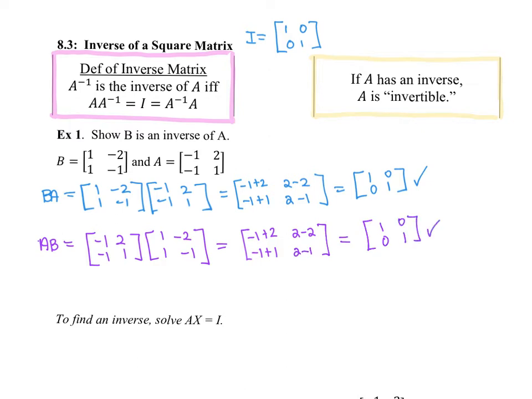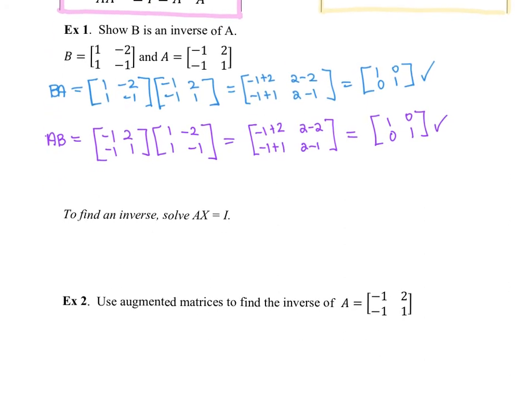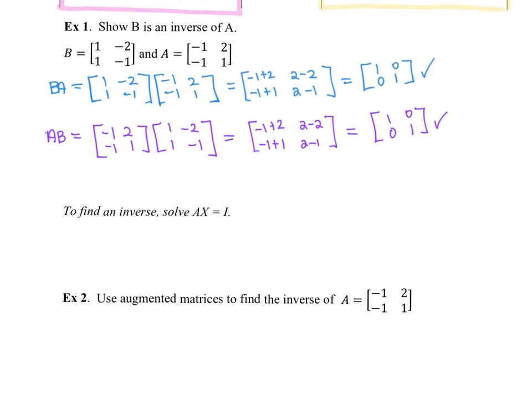So A and B are inverses of each other because BA equals the identity matrix and AB also equals the identity matrix. Okay, we're going to find the inverse because it's sometimes useful. After we find it, we can always use example 1 to prove that we found the right answer.